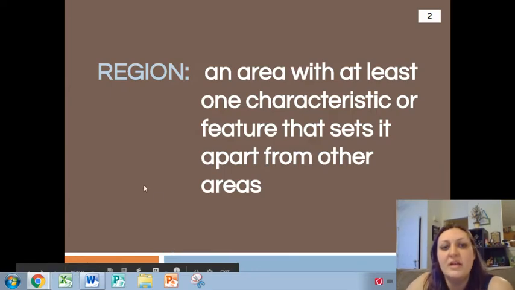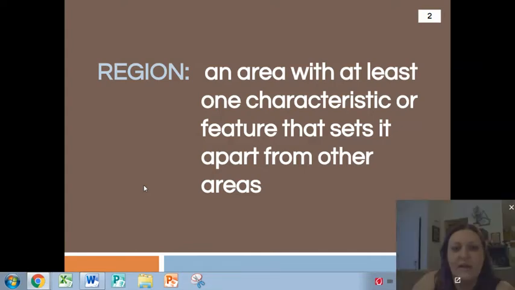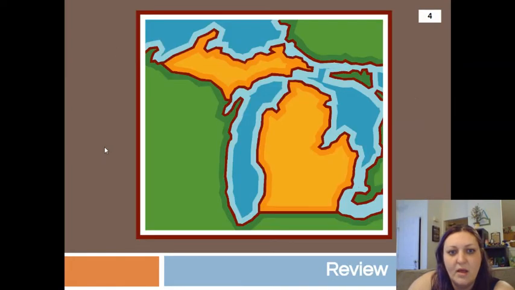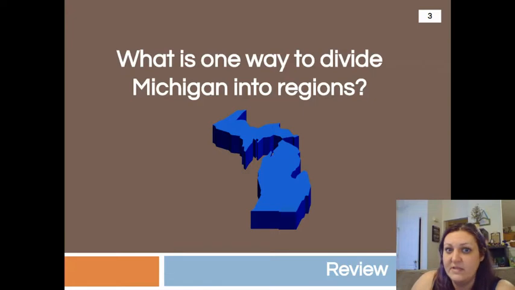Okay, so a region, by definition, is an area with at least one characteristic or feature that sets it apart from other areas. So let's take a look at an example. Michigan is a very special state because it can easily be divided into 2 regions, but it's still the same state.